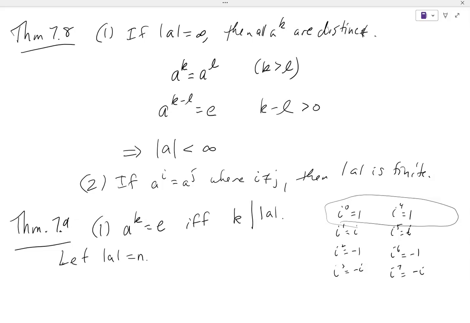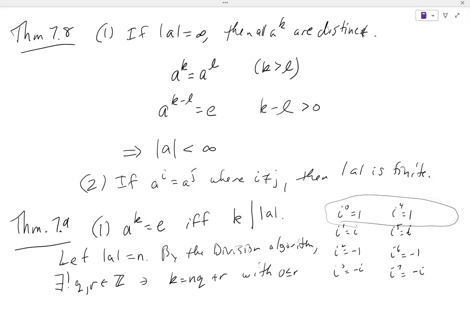Okay? By the division algorithm, there exist unique Q and R such that K equals NQ plus R, with R being at least 0, but strictly less than N.